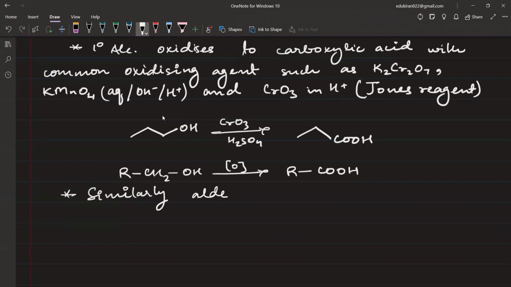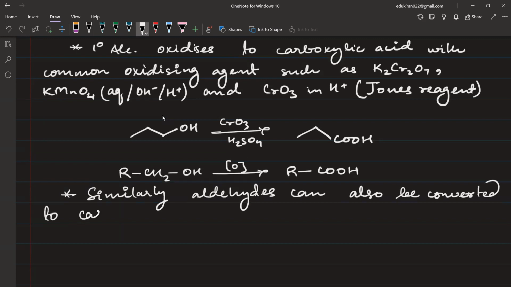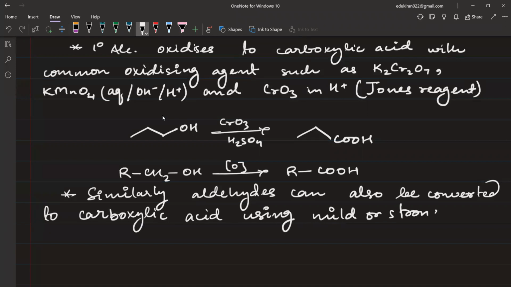Similarly, aldehydes can also be converted to carboxylic acid using a mild or strong oxidizing agent.